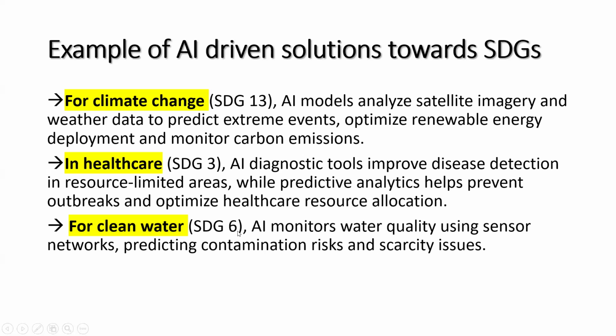So AI monitors water quality using sensor networks, predicting contamination risk, scarcity issues, ये सब चीजें. Like Yamuna water ka, you take a sample on daily basis, morning, evening, different time of the day, and then you analyze it. किस टाइम पे कंटामिनेशन लेवल सबसे ज्यादा होता है, या उसमें whatever coming in, all those factory outlets जो आता है उसके अंदर किस टाइम पे it is maximum, what is the rate of it, हर मंथ वो बढ़ता जा रहा है, क्या हो रहा है, कैसे हो रहा है.